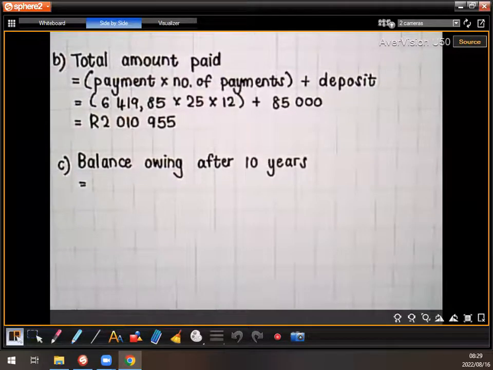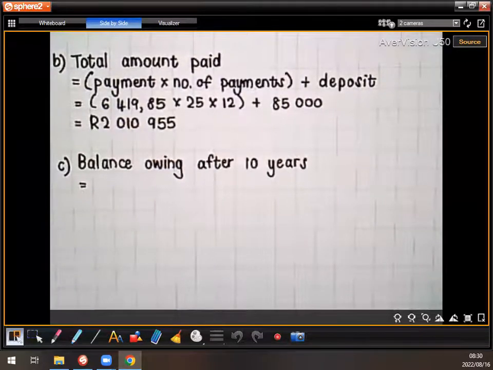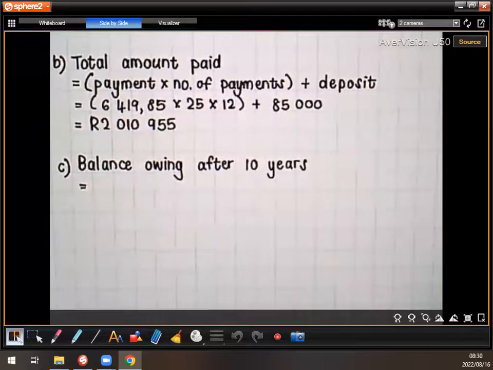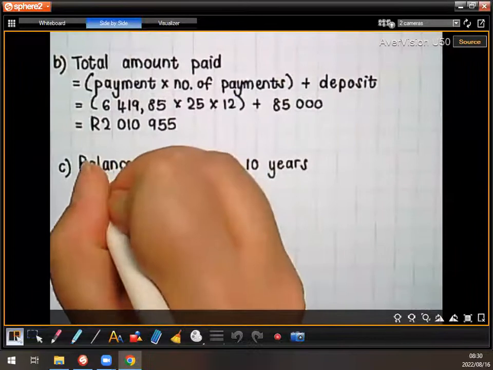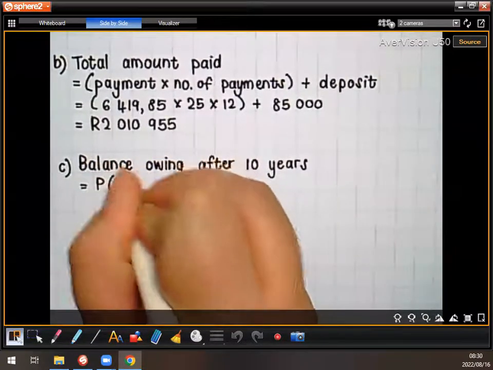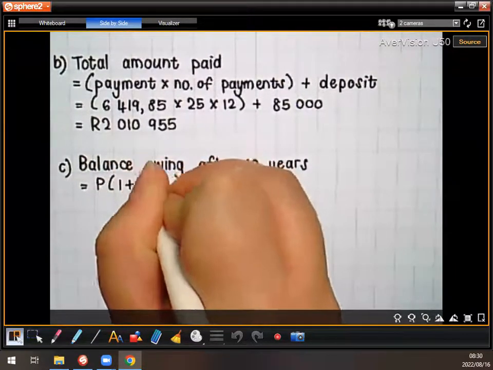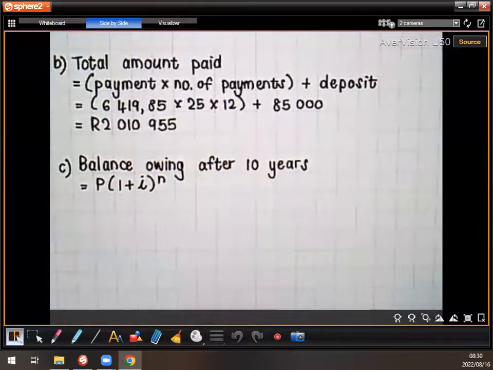Guys, what we're going to do is pretend that there are two separate things happening here, even though there's one thing happening. We're going to pretend that this loan that we're paying back is a loan like in grade 10 and grade 11 when we just used A equals P(1 plus i) to the n. So we are going to pretend that we have that kind of situation going on.